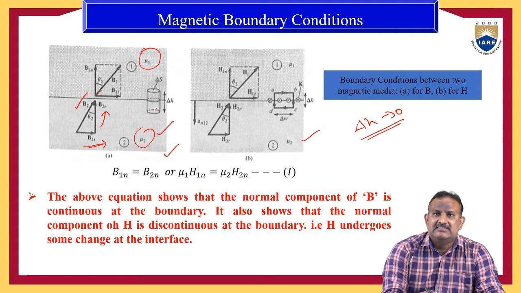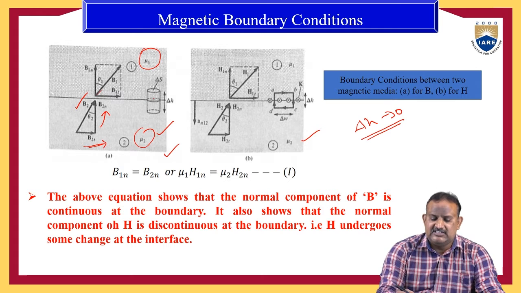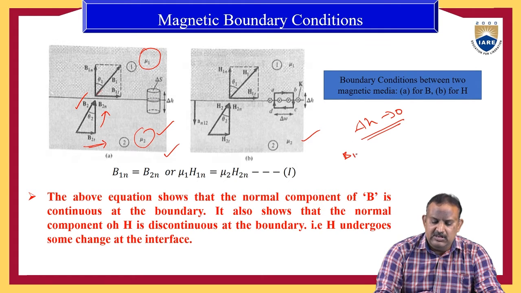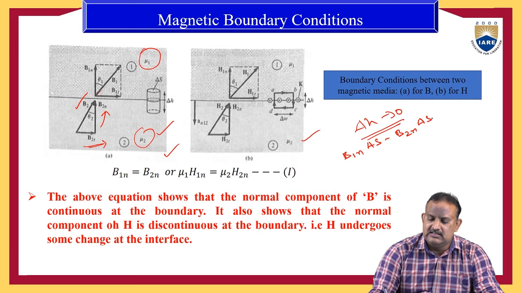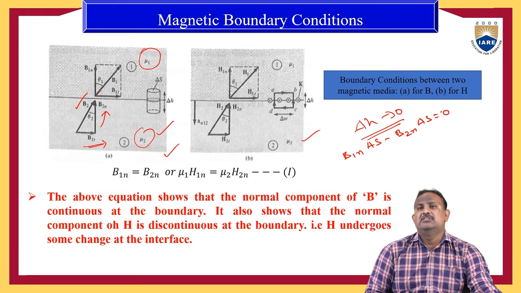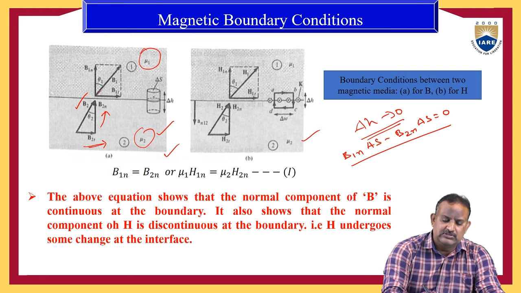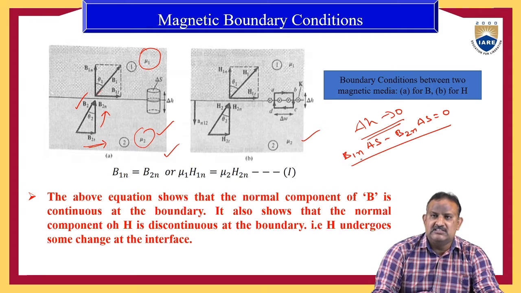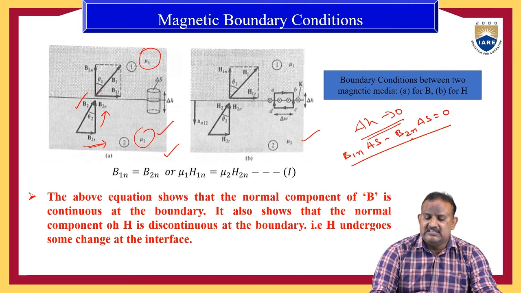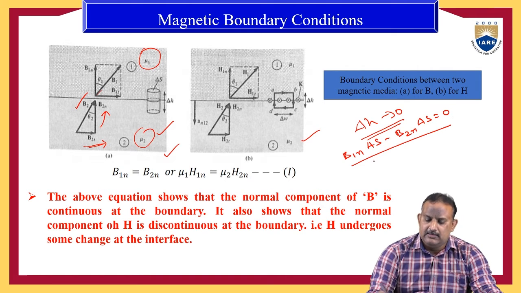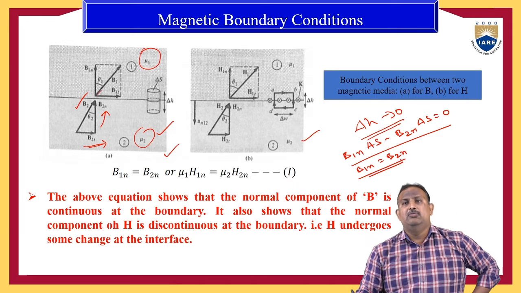When the top and bottom surfaces touch at the boundary, we can write the expression B1N delta S minus B2N delta S is equal to 0, where delta S is the area of the pill box surface. Or we can write B1N is equal to B2N.